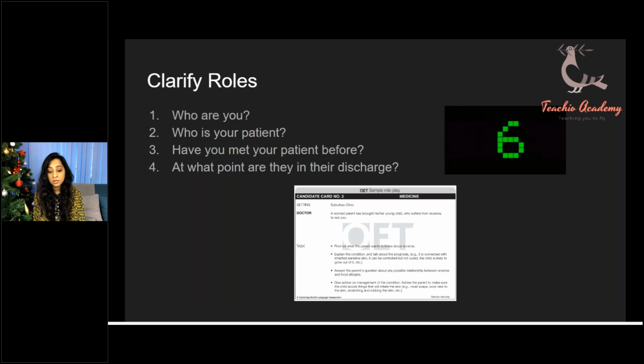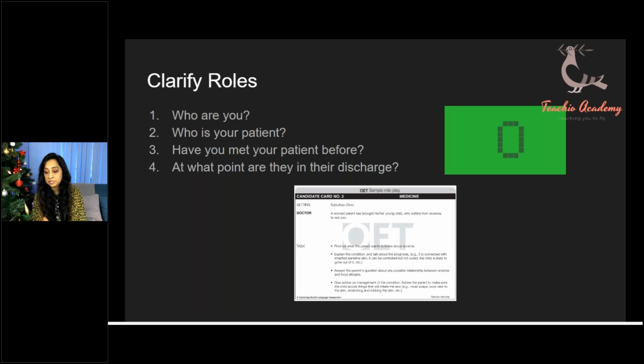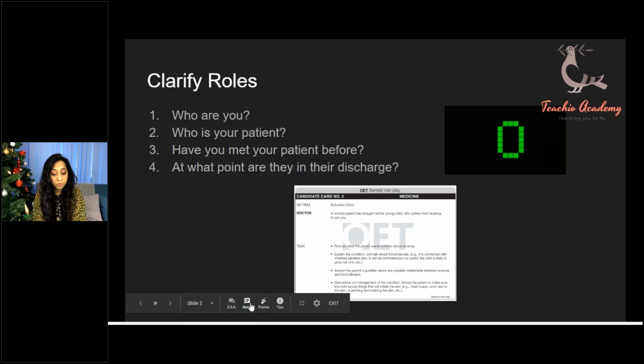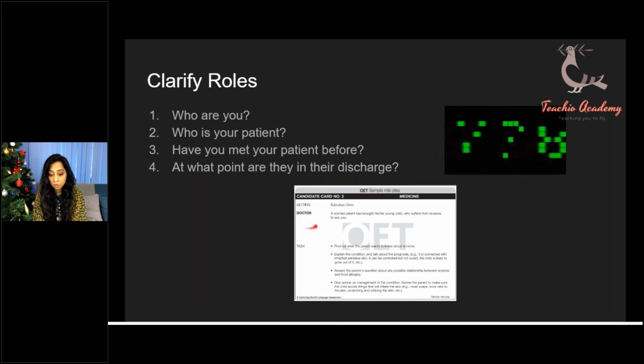So something like that. So how do I clarify roles in my first 10 seconds? How do I spend the least amount of time on it? What I'm going to do is highlight these things. First of all, who are you? That's going to be a doctor in a suburban clinic. Who is your patient or your interlocutor?